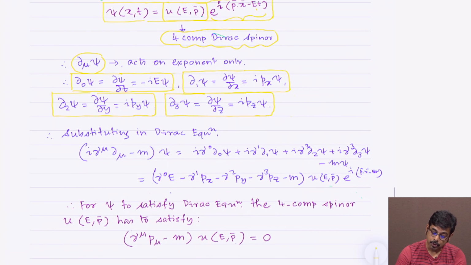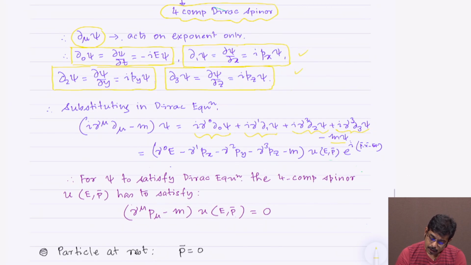So, now put all these ingredients back into the Dirac equation, which is (i gamma mu del mu minus m) psi. Now, the del 0 psi has a preamble of gamma 0. So, it will be like i gamma 0 del 0 psi plus i gamma 1 del 1 psi, i gamma 2 del 2 psi, i gamma 3 del 3 psi minus m psi. Now, as we said, del 0 psi is nothing but minus iE psi.